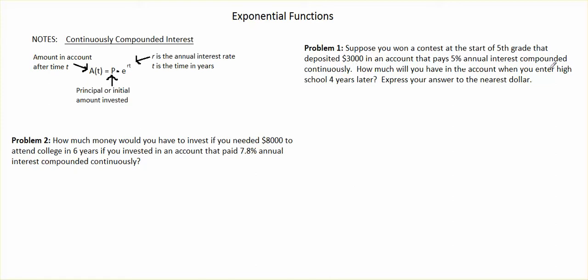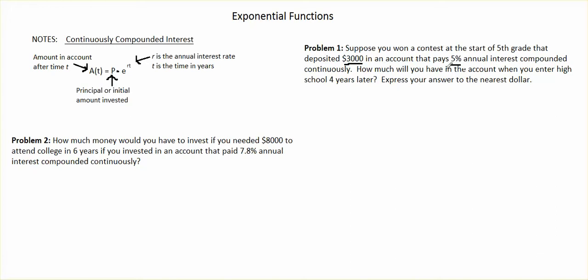So this word compounded continuously tells us that we can use this equation right here to help us calculate the amount in our account after the time period specified. So the two important numbers in this sentence are a principal. The initial amount of $3,000 that we won is going to be deposited in that account, and that account pays 5% annual interest.